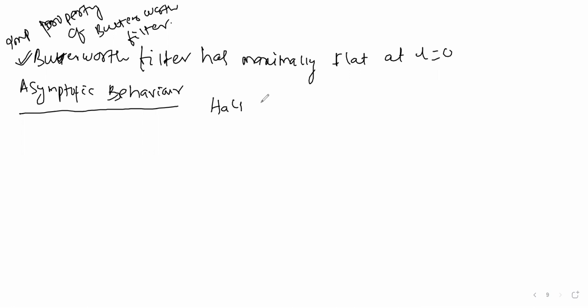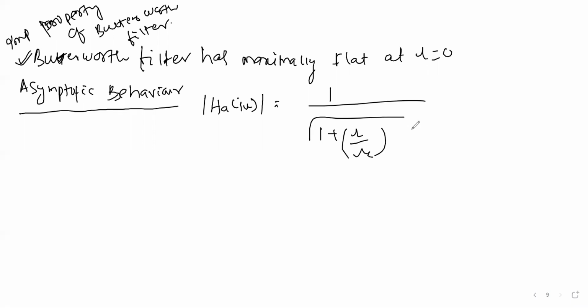Now see, |H(jω)| equals 1 by square root of 1 plus (ω by ωc) to the power 2n. Now when omega tends to infinity, a very high value, we can write |H(jω)| equals 1 by, now see, omega is a very high value, so 1 plus a high value equals a high value.